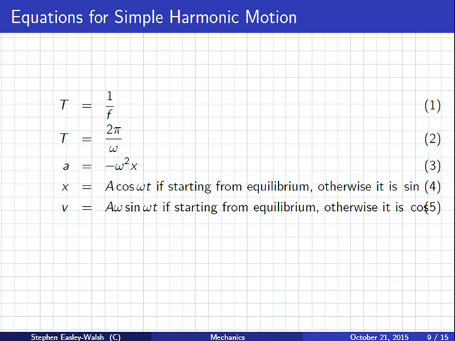What's sine 0? Zero, which is what you want. You want B to be 0 when the time is 0. So if you push it down like this, you have to use sine. And likewise, if you knock it, then you use the one with the cos for the velocity.